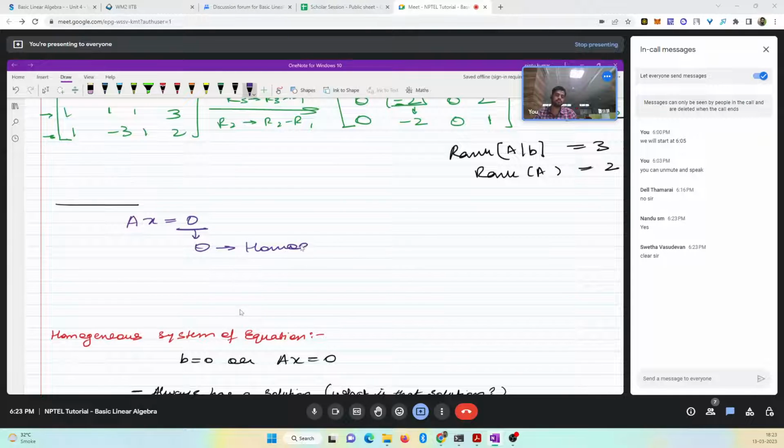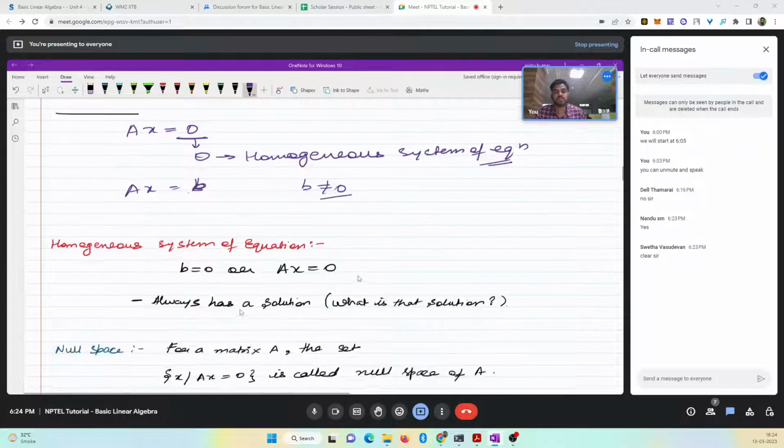In the case of a non-homogeneous system, this entry B is non-zero. So this is the difference between homogeneous and non-homogeneous systems of equations.